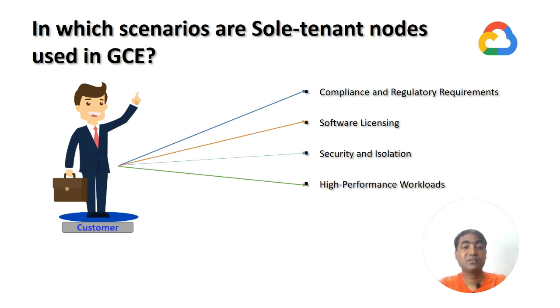Workloads that demand consistent and predictable performance may benefit from the dedicated resources offered by sole-tenant nodes. Some specialized applications may have unique resource requirements that can be best met with a dedicated physical server. Guys, I hope now you understand in which scenarios sole-tenant nodes are beneficial for you.